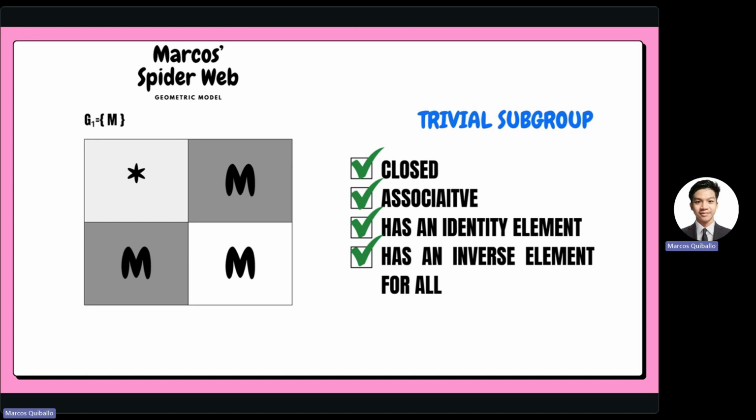So this trivial subgroup is a group. So G1 is a group which has the element M under the binary operation.